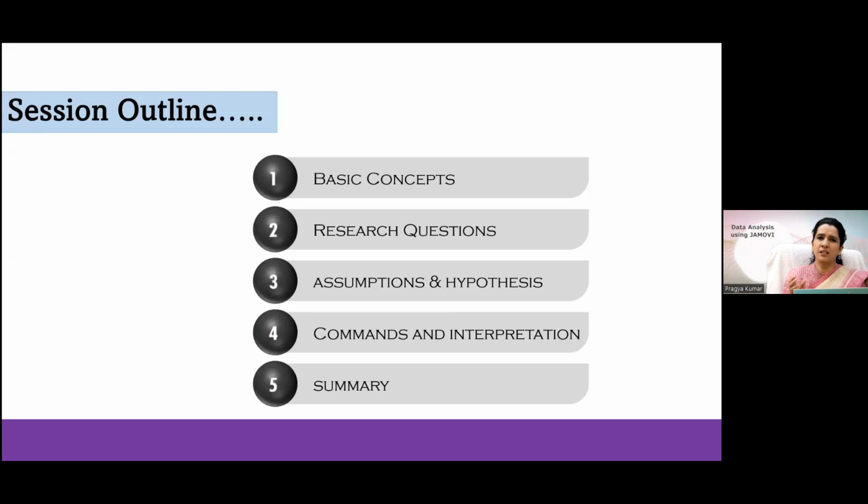I have not seen people using or reporting it these days. The most commonly done are these two types: the chi-square test of two proportion and the chi-square test of independence. We'll go with the basic concepts, then research question, assumptions and hypothesis, commands and interpretation, and summary.